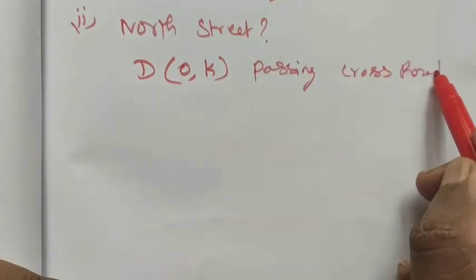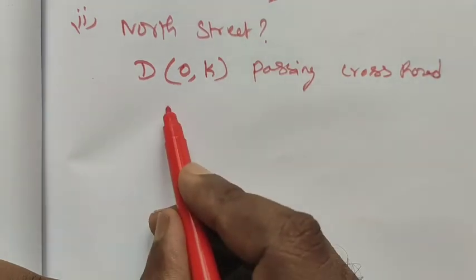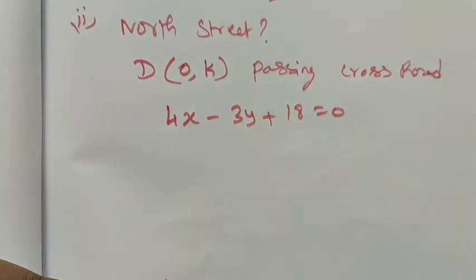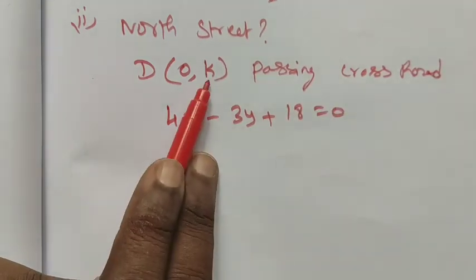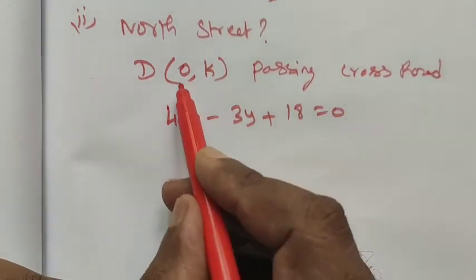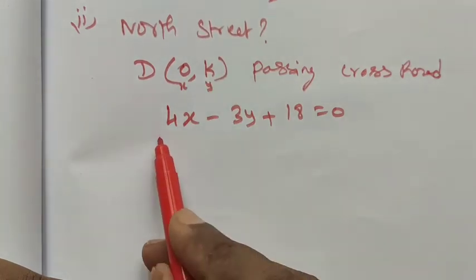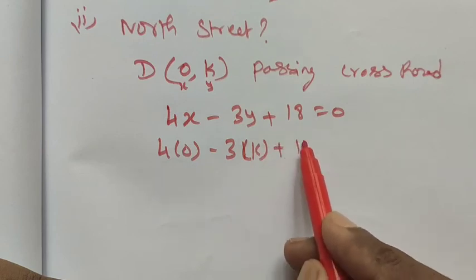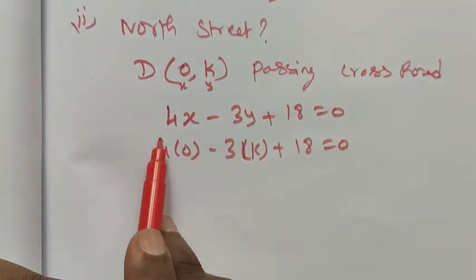Now the crossroad equation is 4x minus 3y plus 18 equal to 0. Now we want to find the value of k. Here put x is equal to 0, y is equal to k. 4 into 0 minus 3 into k plus 18 equal to 0. 4 into 0 is 0.